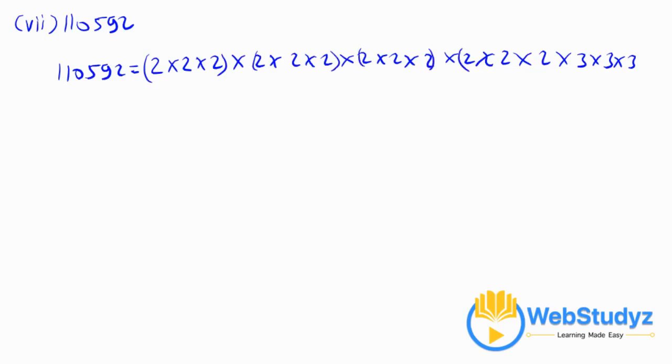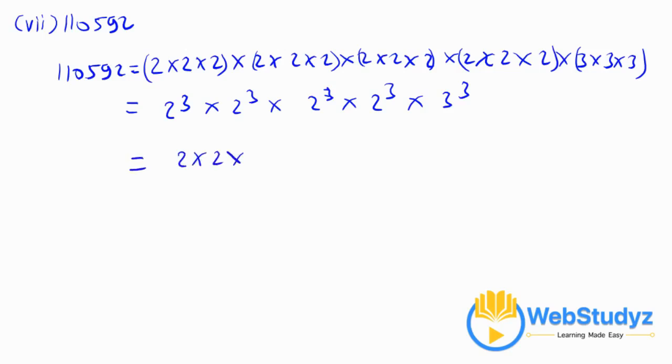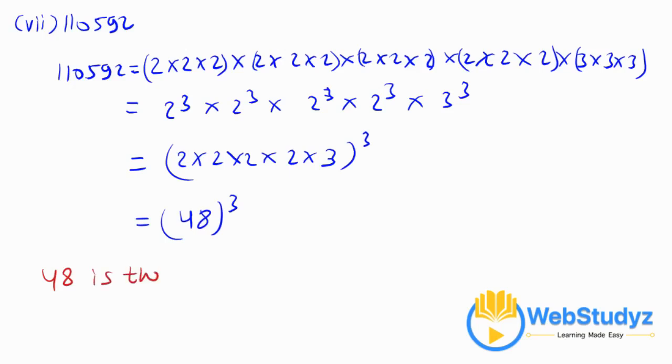Here we have 4 triplets of 2 and 1 triplet of 3, which can further be written as 2 to the power 3 multiplied by 2 to the power 3 multiplied by 2 to the power 3 multiplied by 2 to the power 3 multiplied by 3 to the power 3, which will be equal to (2 into 2 into 2 into 2 into 3) whole power 3, which will further equal 48 to the power 3. That means we can write that 48 is the cube root of 110592.